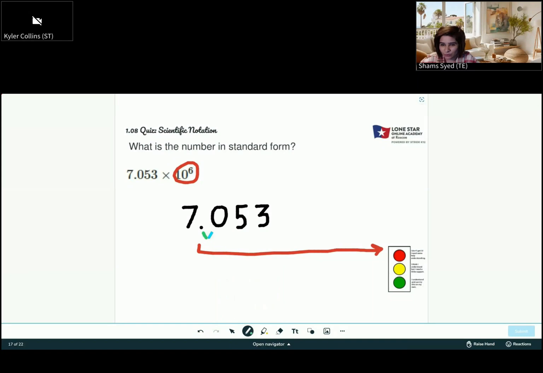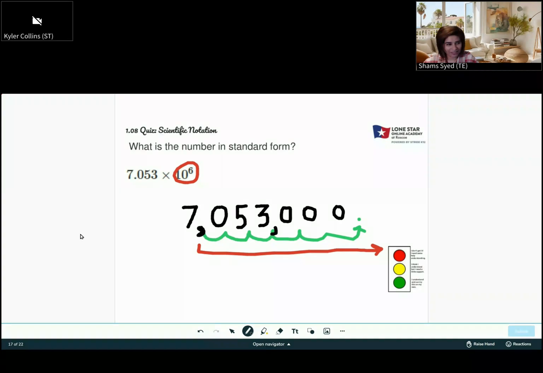I move this decimal 1, 2, 3, 4, 5, and 6. This is where the decimal is supposed to go. And we can fill in these spaces with some zeros. So this number will look like this. We'll have a comma. This will also become a comma. Okay, we don't have to rewrite it. 7,053,000. That's how we can write it.